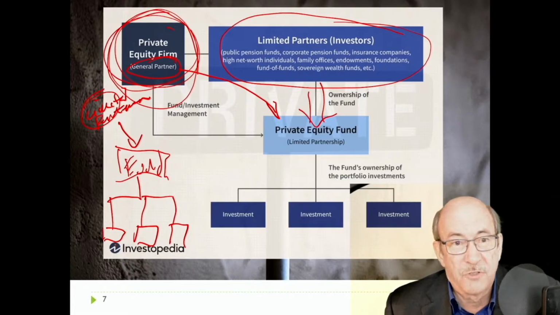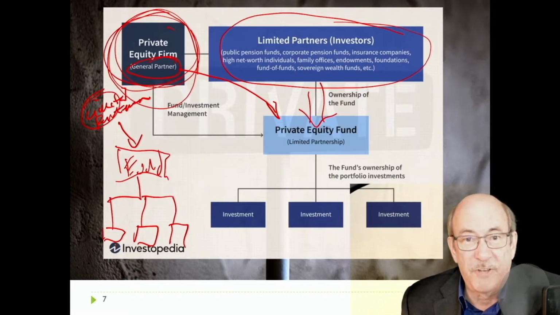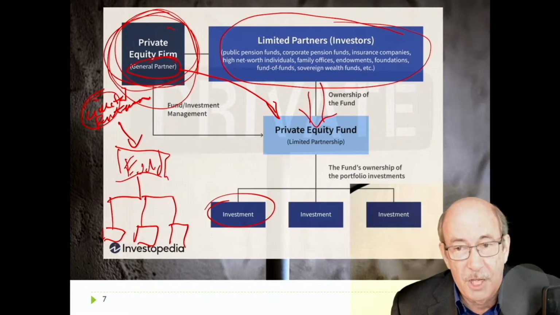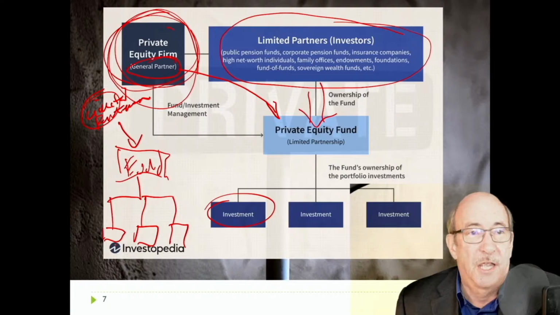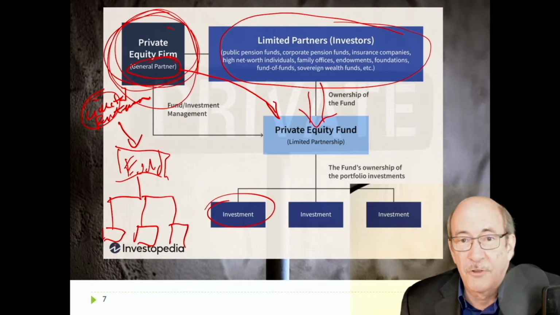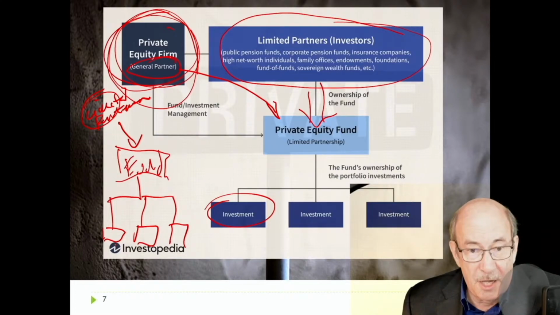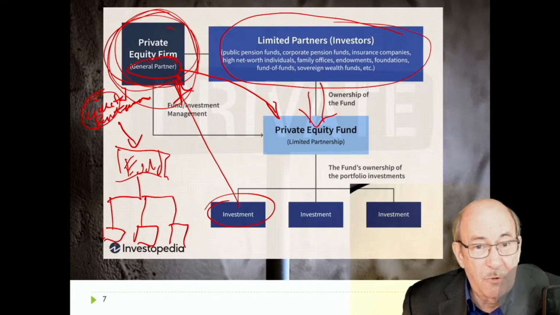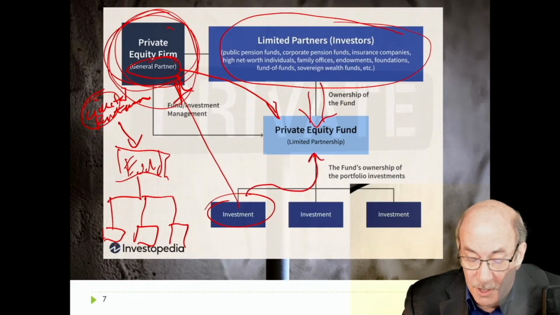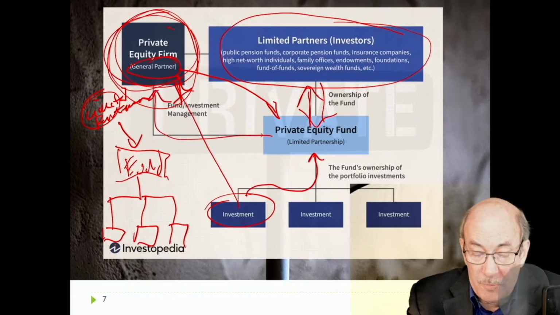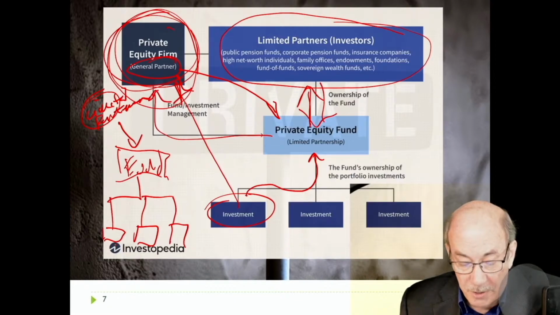But they also do some other things. For instance, they might provide advisory services to these portfolio companies, the companies that they have purchased and are making more efficient. So they generate other cash flows that come out of these funds directly to the private equity firm and the general partners, whereas the profits go to this and then eventually flow back to both the limited partners and the general partners.